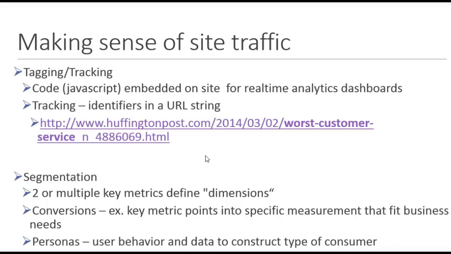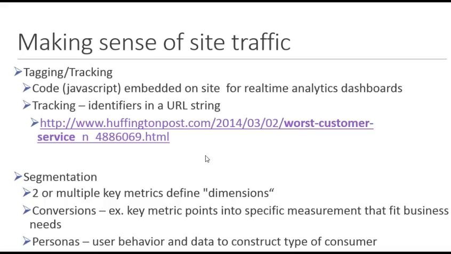Segmentation is where you're in your analytics tool and you're combining different elements of key metrics into dimensions, and Avinash goes a little bit deeper into that in his blog as well as his books on analytics. But you can use multiple key metrics to define a certain segment or group or category, right?